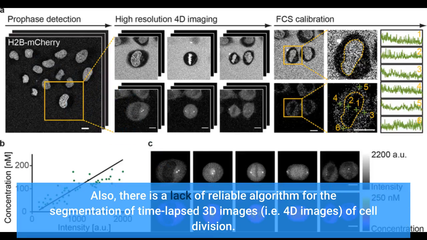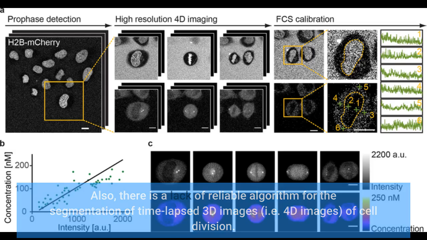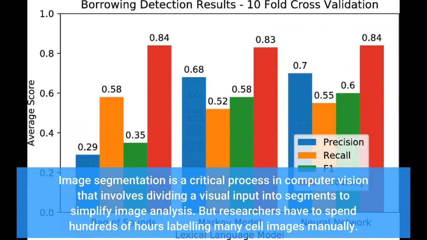Also, there is a lack of reliable algorithm for the segmentation of time-lapse 3D images, i.e., 4D images, of cell division. Image segmentation is a critical process in computer vision that involves dividing a visual input into segments to simplify image analysis. But researchers have to spend hundreds of hours labeling many cell images manually.